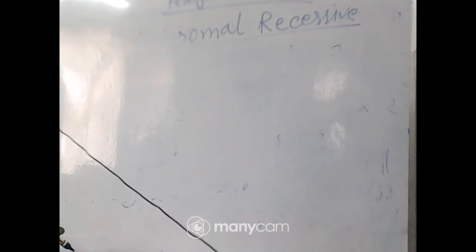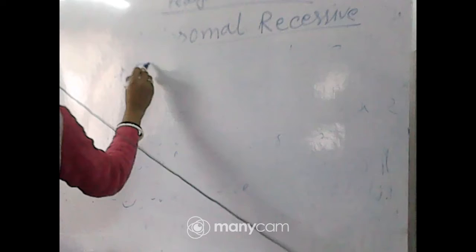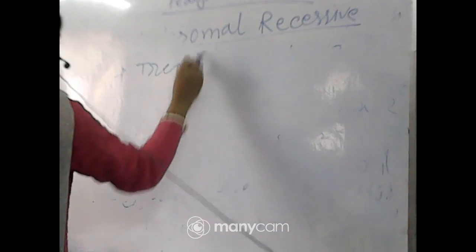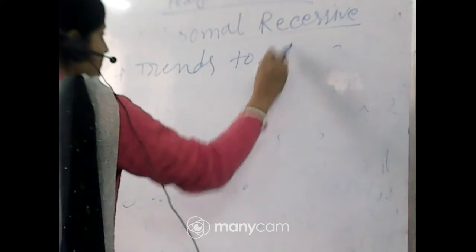Next one, skips a generation. Obviously that is recessive. Skips a generation.